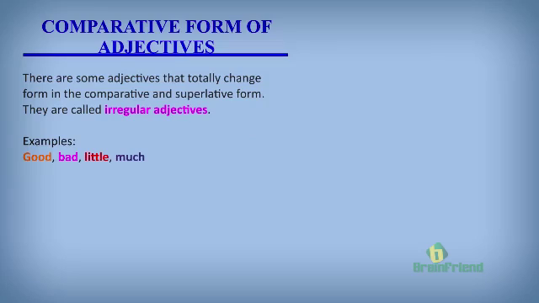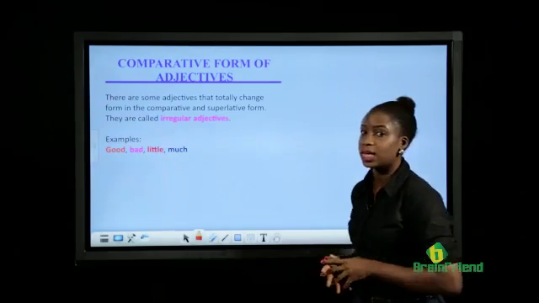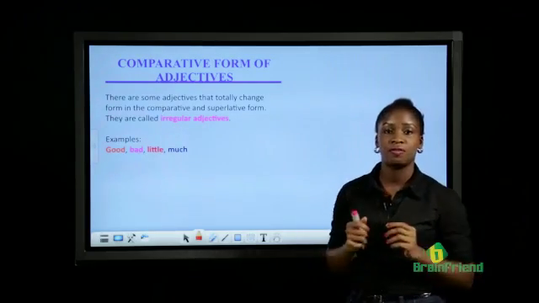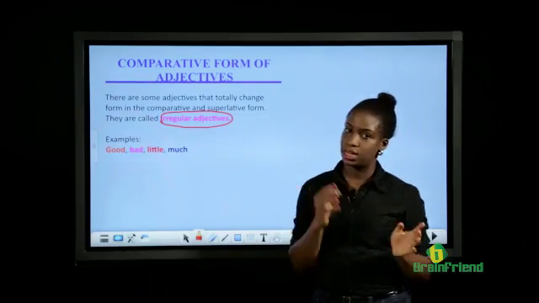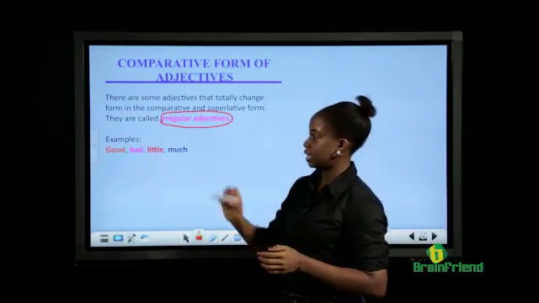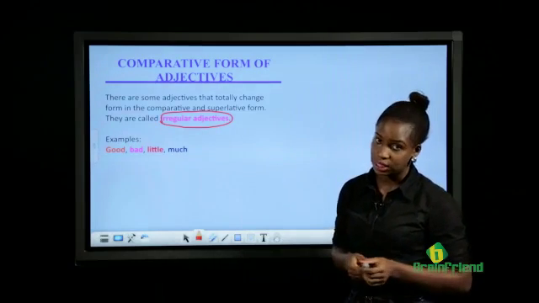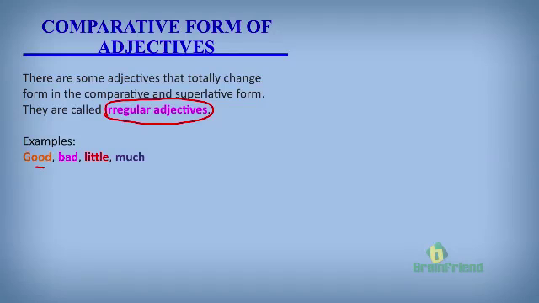Now we have adjectives that totally change form in their comparative and superlative form. They are called irregular adjectives. Just like we have irregular verbs and irregular nouns, we also have irregular adjectives. Some examples of this kind of adjectives include good, bad, little, and much. If you want to compare two people together, will you say maybe BC is gooder than Bola?